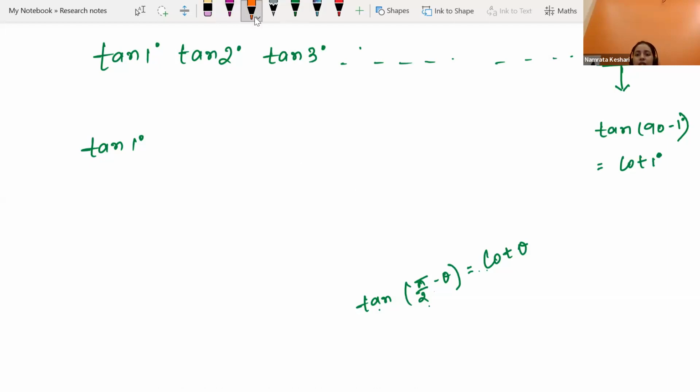Here tan 88 must be there, right? If dot dot dot is there, that means tan 87 must be there, tan 86 must be there. All must be there. So let's see for a few.